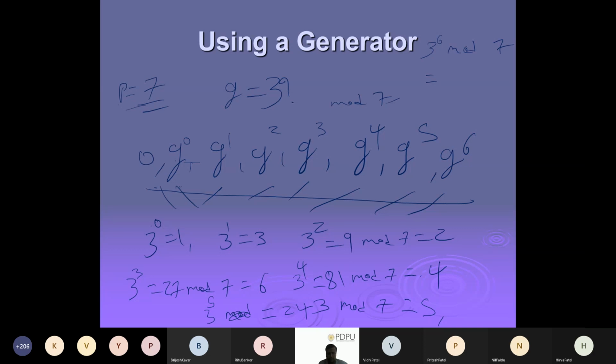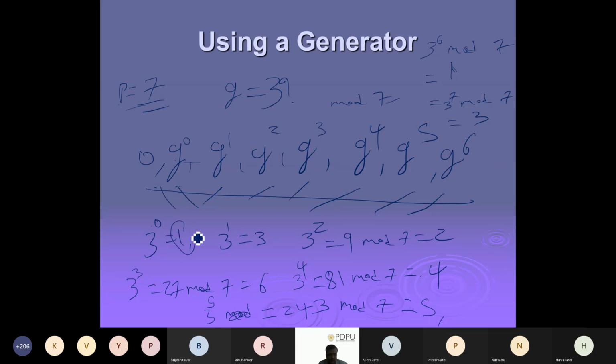One. Good. Okay, 3 raised to 7 mod 7. What is the answer? Three. Okay.